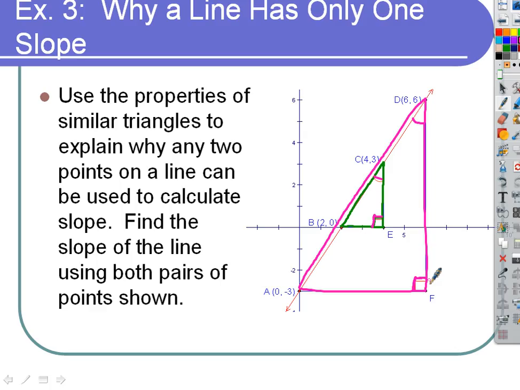Now let's look at the ratios specifically. Let's look at the ratios of height to height and width to width.